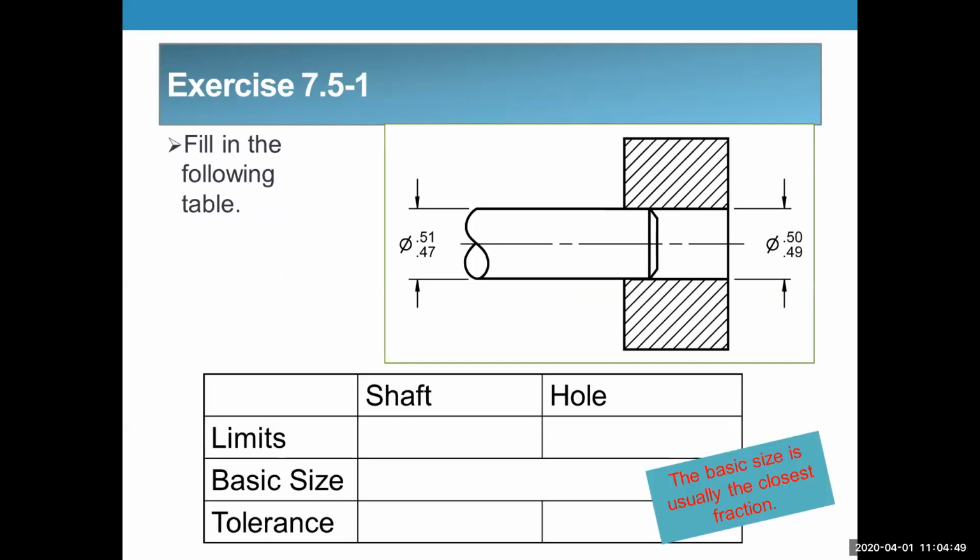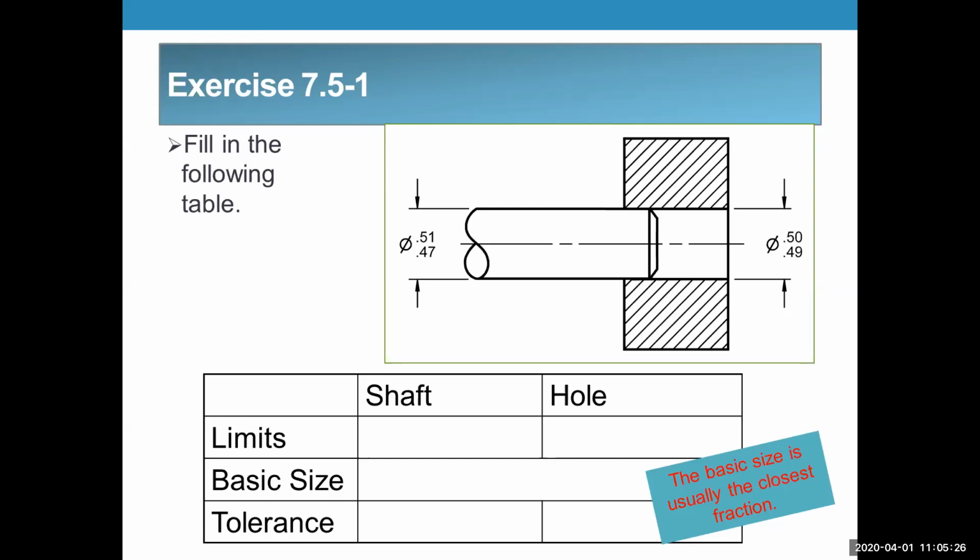So let's look at this, and of course, this is an exercise in the book. It's part of the chapter discussion, so it's not a required assignment. But let's just take a look at the information that's here, the diameters and the limits of the shaft, and the limits of the hole, and try to fill this thing out.